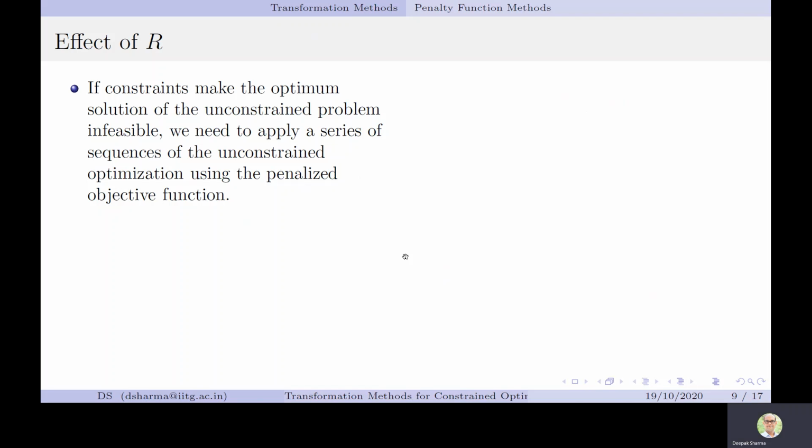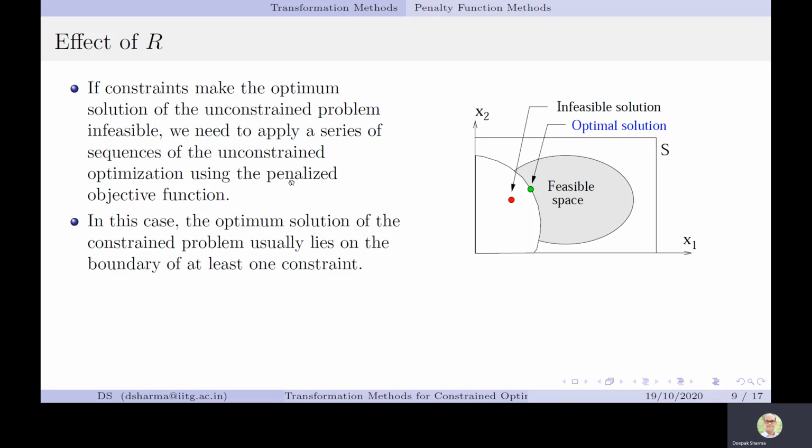Let us take the third case. If the constraint makes the optimum solution of the unconstrained problem infeasible, we need to apply a series of sequences of unconstrained optimization using the penalized function. So let us look at this case. Now you remember that we had this particular case discussed in the previous slide.